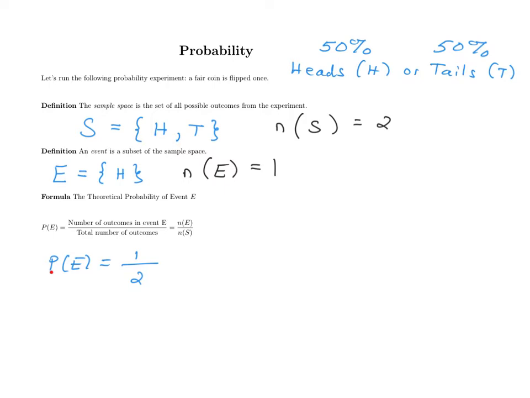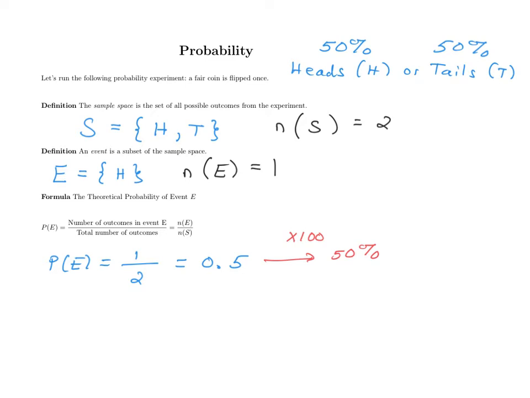And your probability that event E happens is 1/2. And if you'd like, you can write that as 0.5 if you prefer a decimal. Does this match up with 50%? Definitely. You'd have to convert this into a percent by multiplying by 100, and you, in fact, do get 50%. So this formula matches up with what I expected here.